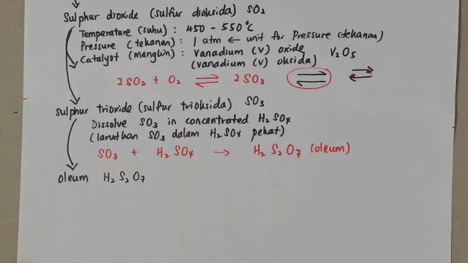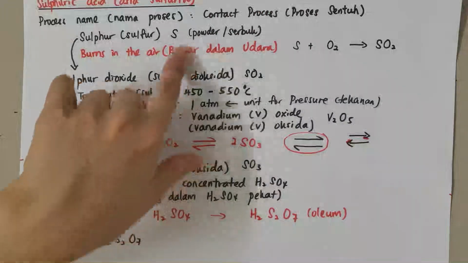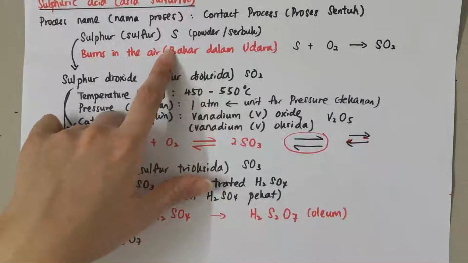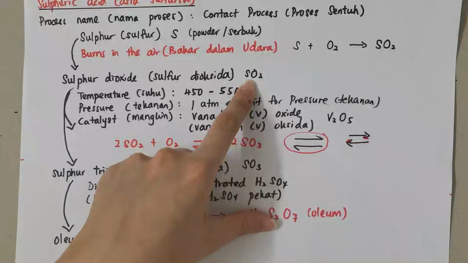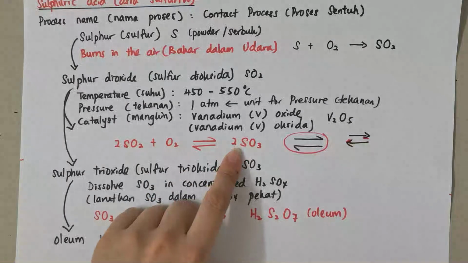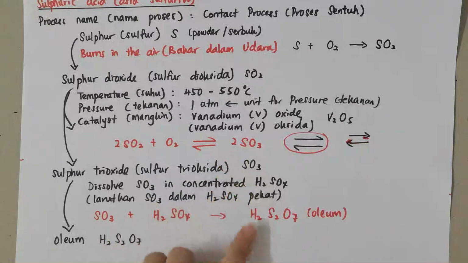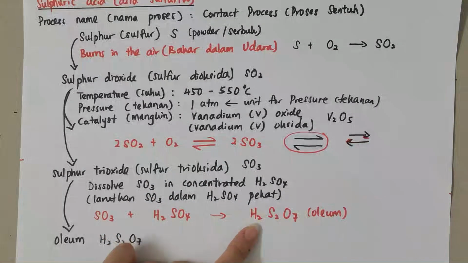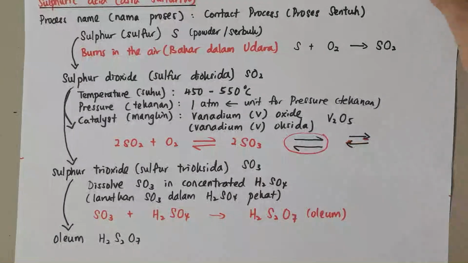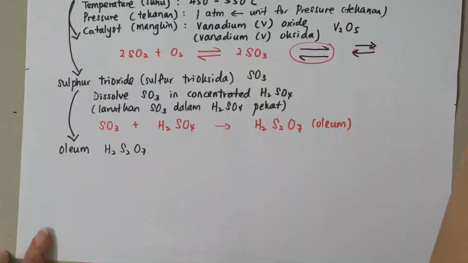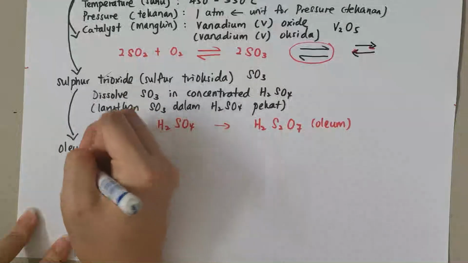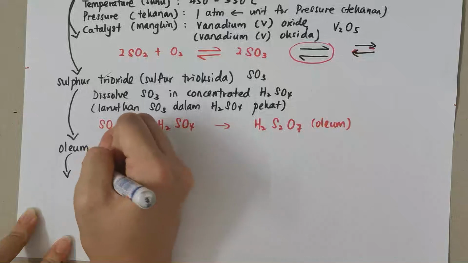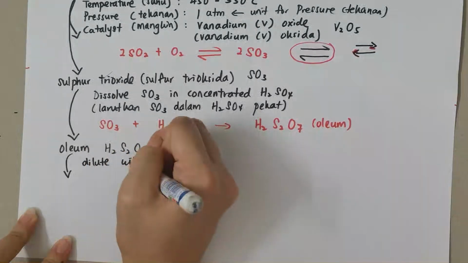Before we move to the final stage, we go up here. From sulfur, you go to SO2, SO2 goes to SO3, and SO3 goes to oleum, H2S2O7. So the final step: oleum we dilute with water.